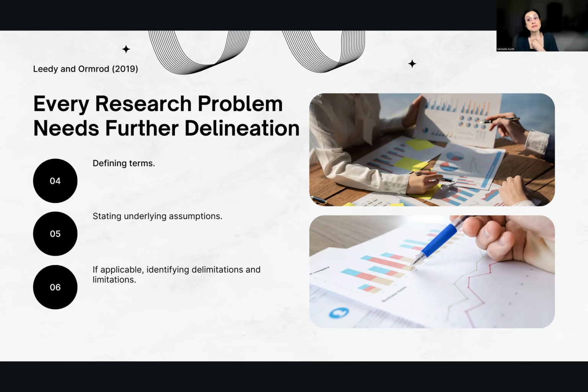A delimitation could be that I'm keeping this to the southwestern region of the United States. I'm choosing to control how far wide we're going. Another one could be that I'm giving questionnaires, so this is self-reported data. That could be a limitation or a delimitation.